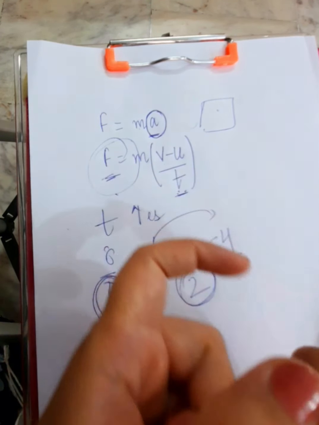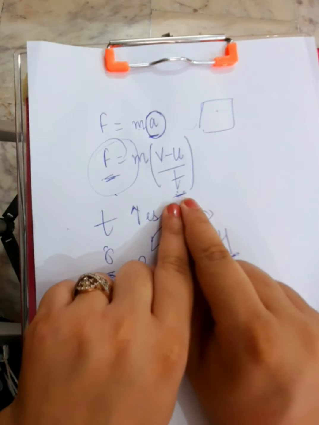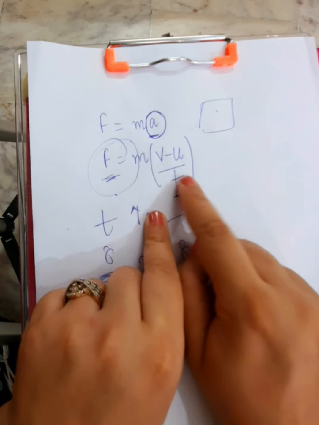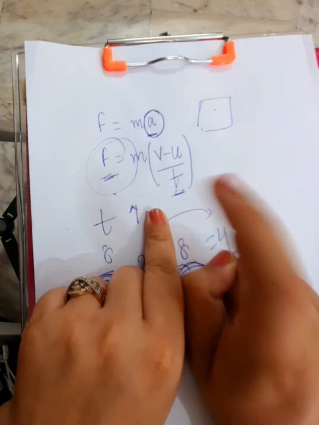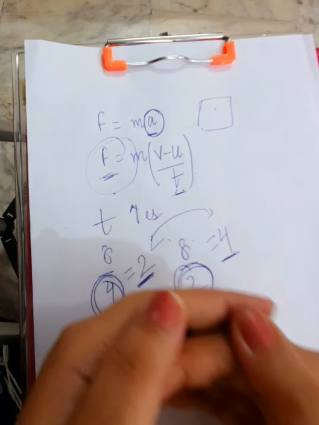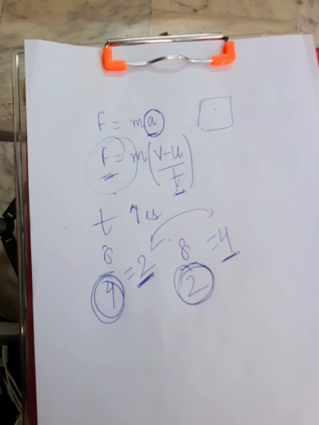It takes some time for that velocity to become zero. So t increases when a person is made to fall on a cushion bed, right? Time increases. So when time increases, force decreases. So the force with which he has hit that cushion bed is very less, and that's how he saves himself from any injury. Okay.